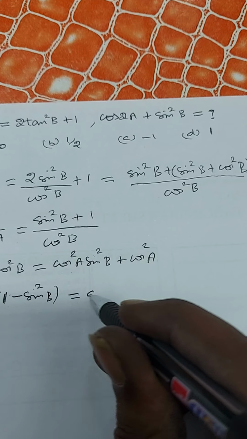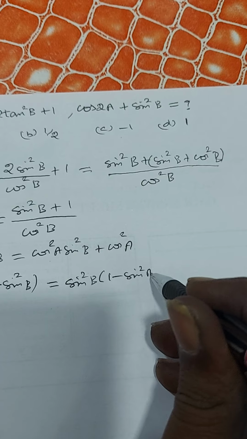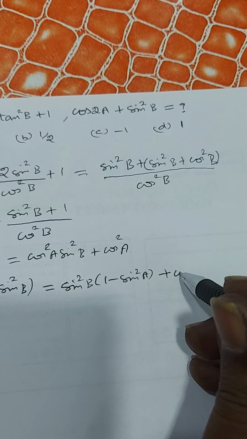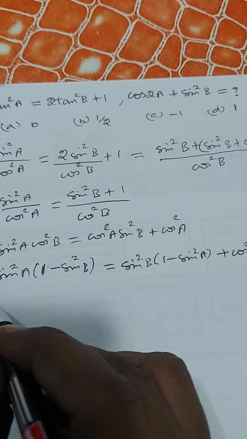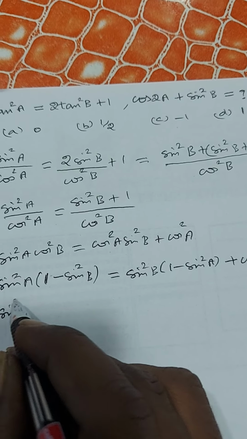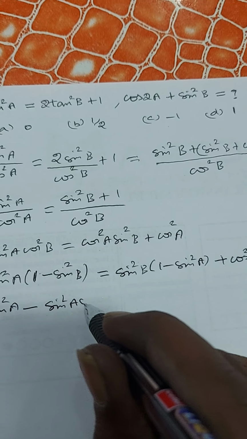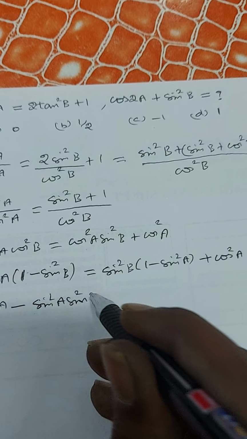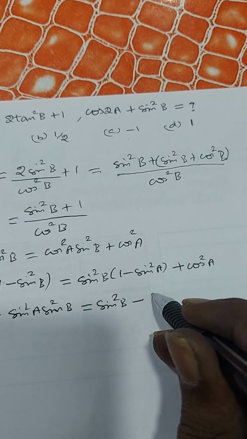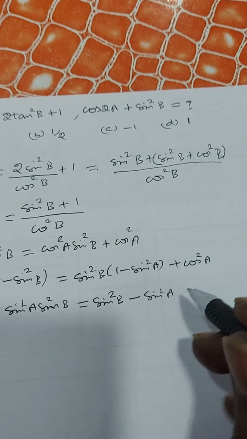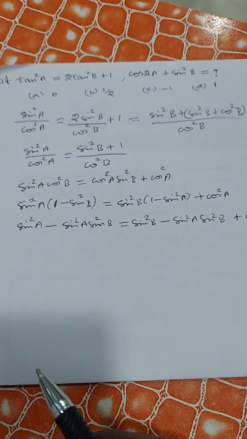This cos square a can be changed into 1 minus sin square a, and here this cos square a can retain the same. Here it is sin square a minus sin square b, and sin square a minus sin square a into sin square b equals 1 into sin square b minus sin square a into sin square b plus cos square a.